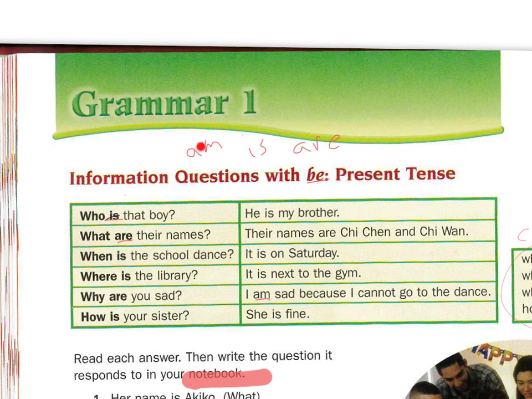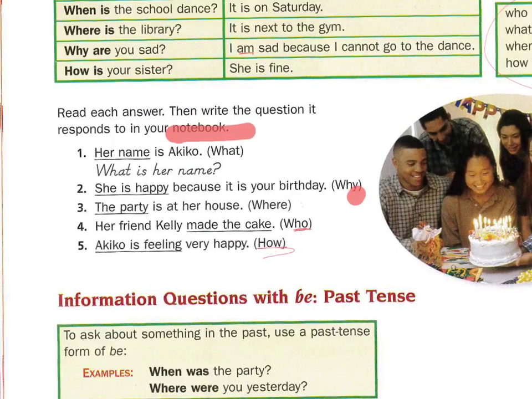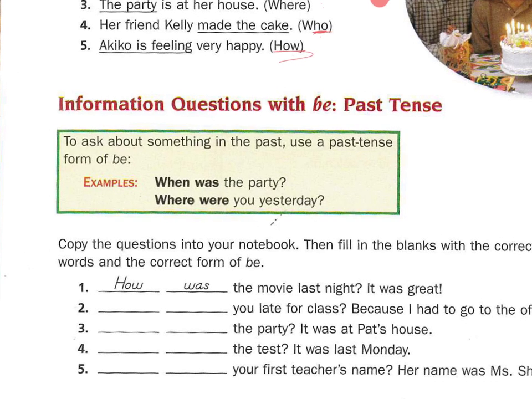The past tense, we have was and were. That's our past tense of to be.